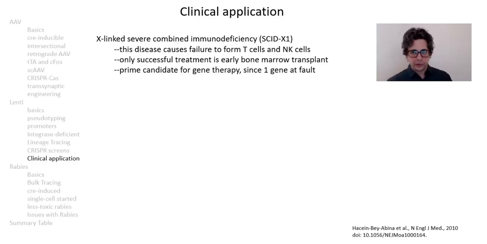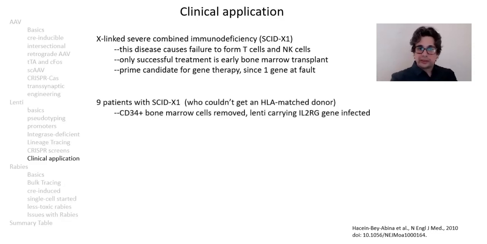And it's actually very difficult to do. One of the few ways to treat it is a bone marrow transplant before 3 months of age from someone with HLA compatibility, which is often not the case. But it's a prime candidate for gene therapy because you only need to replace that one gene in the cells that you can extract from the bone marrow and then put right back in, and they will then be amplified in the patient.